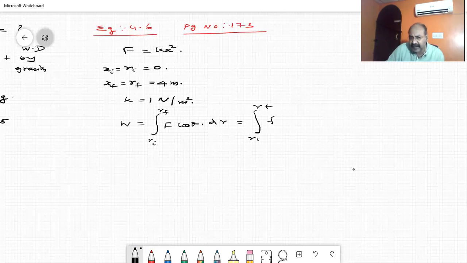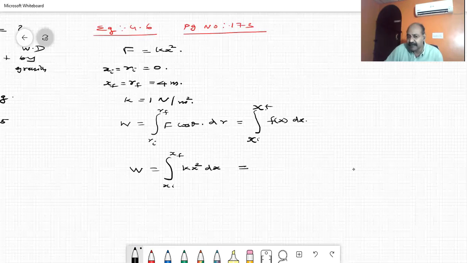Here the force is along the x-axis, Fx into dx, and then I have to put the limits as xi to xf. So W is equal to the integral from xi to xf. What is F of x? F of x is given as kx square, and for the displacement, instead of dr, I have written dx. So substitute and simplify.